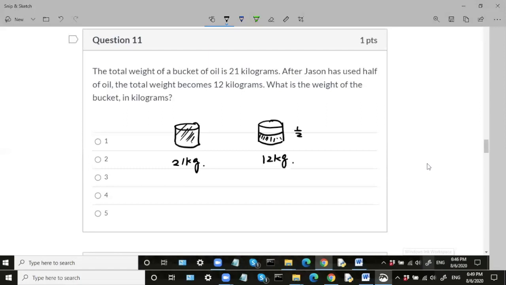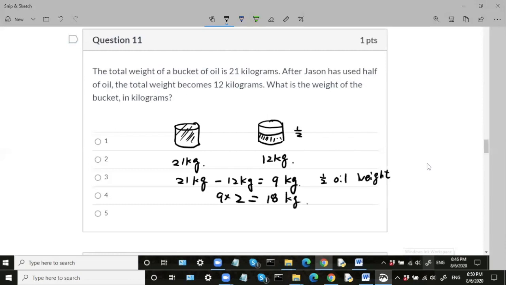Okay, so by subtracting 12 from 21, we get 9 kilograms, which is the weight of the half oil Jason used, right? So then we know 9 times 2 equals 18 kilograms.